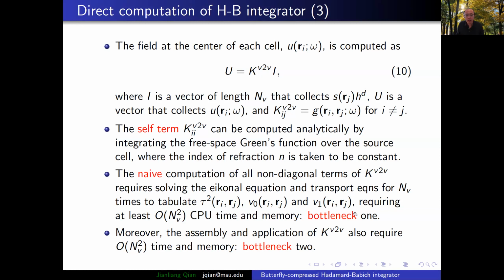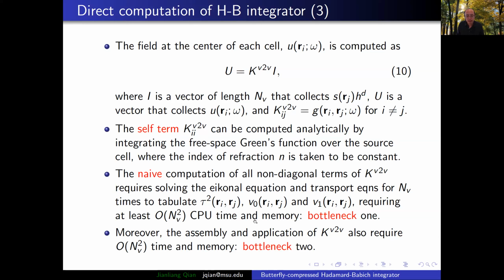So there are two bottlenecks here. We would like to have a fast computation. If we need to compute all the Green functions, these are all N square type computing costs. That's bottleneck one, related to computing the Hadamard-Babich ansatz related ingredients.